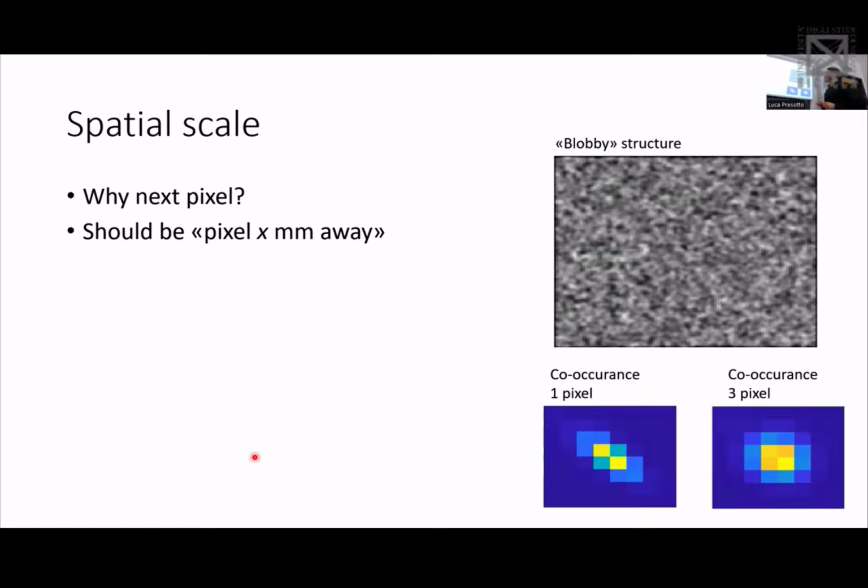Even with the satellite imaging that Haralick was working with, it could have made more sense to talk about X millimeters to the right. And indeed, with this blobby structure, if I compute it with 3 pixels on the right instead of the pixel on the right, I get this uncorrelated co-occurrence matrix, because the blobs have a spatial scale of 3 millimeters. And that's informative, because it tells you at which dimension you have correlation and which one you don't.